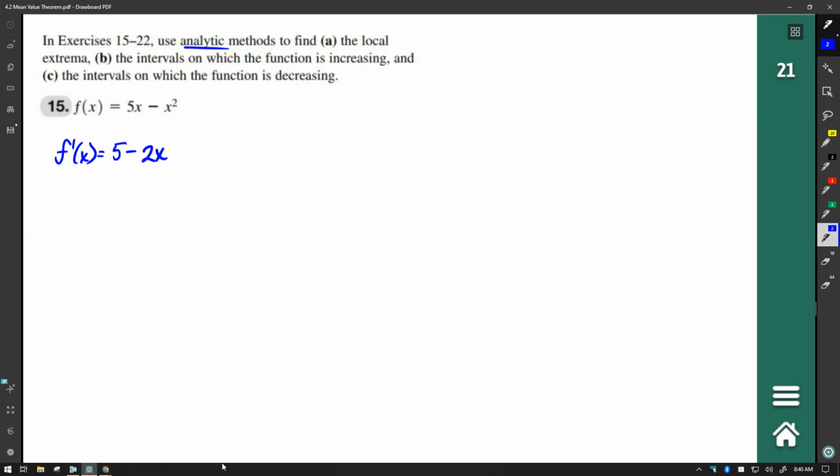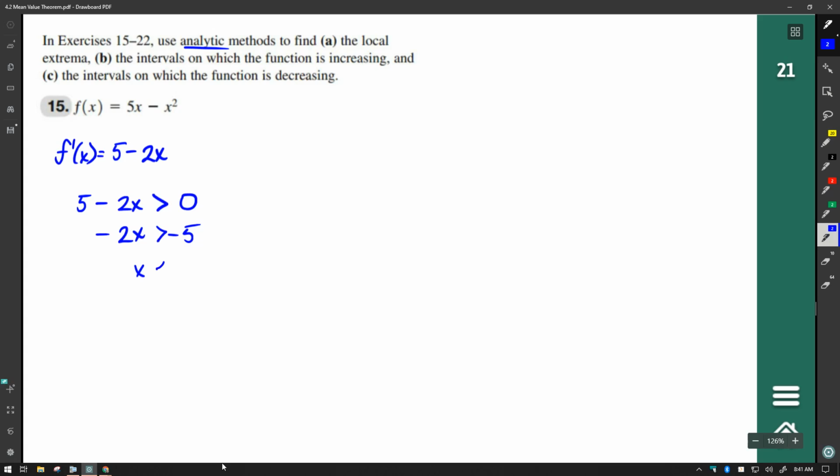Now we know that this function is going to be increasing where the derivative is positive, and decreasing where the derivative is negative. So let's take a look first at 5 minus 2x and go with where that is positive. Let's continue to solve here. We'll subtract 5 from both sides. We'll have negative 2x is greater than negative 5. We'll divide both sides by negative 2.